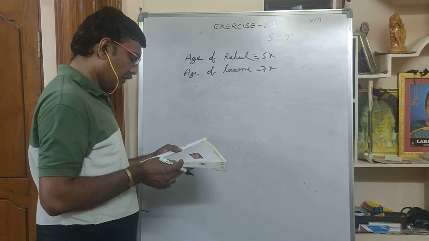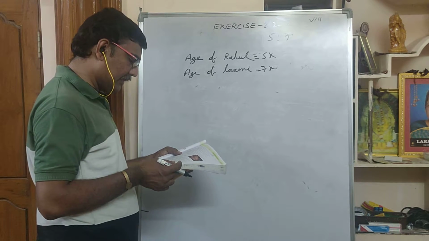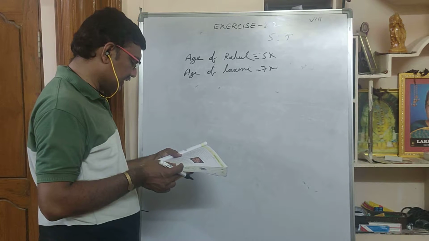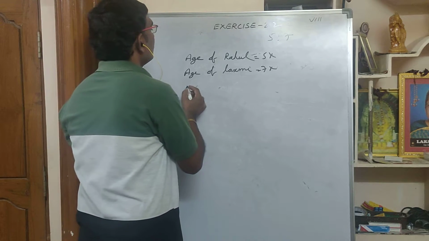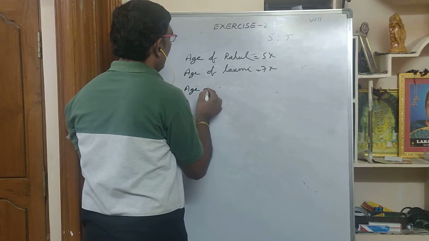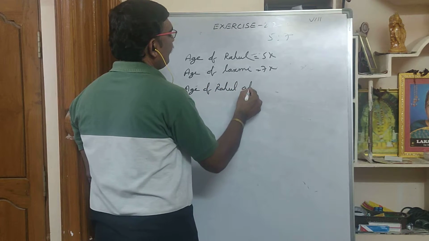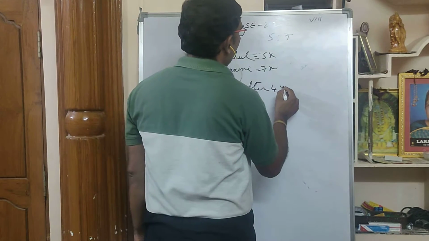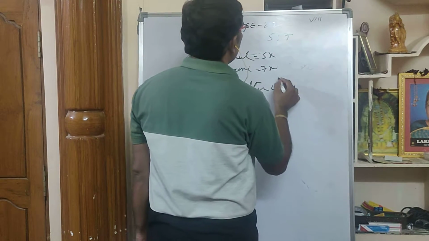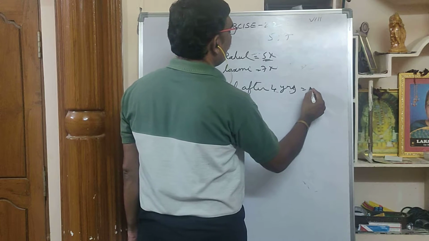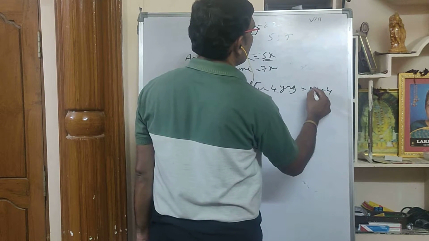4 years later, the sum of their ages will be 56 years. So the age of Rahul after 4 years: now it is 5x, after 4 years, the age becomes 5x plus 4.